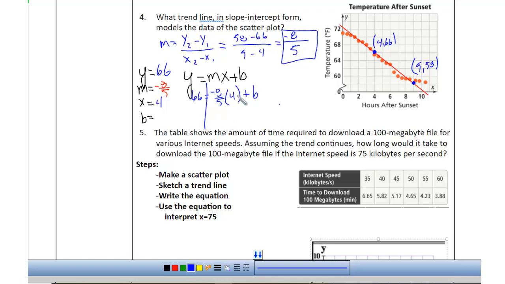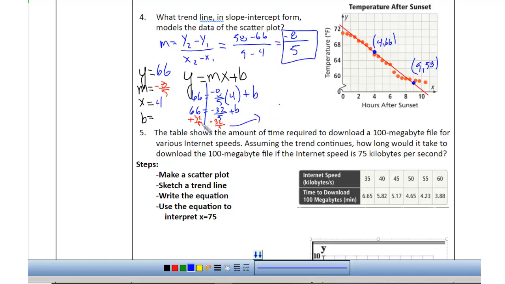Okay, so this one doesn't look like it's going to work out quite as nice. That's okay. So I have negative 8/5 times 4. Well, negative 8 times 4 is going to be 32, so that's negative 32 fifths plus b. And to solve this, then I just add 32 fifths and bring it over here.